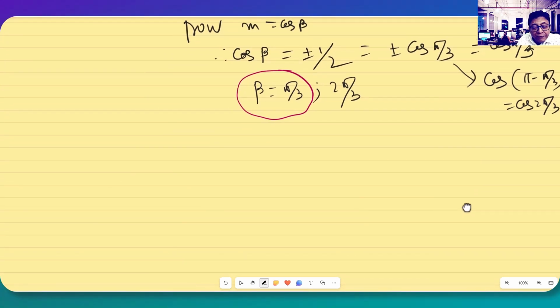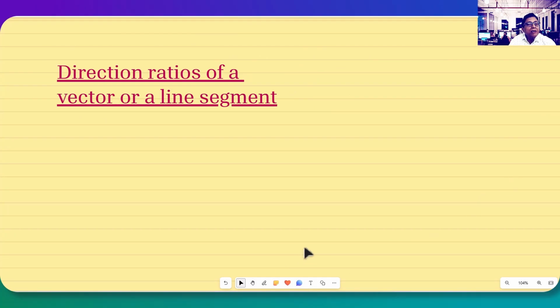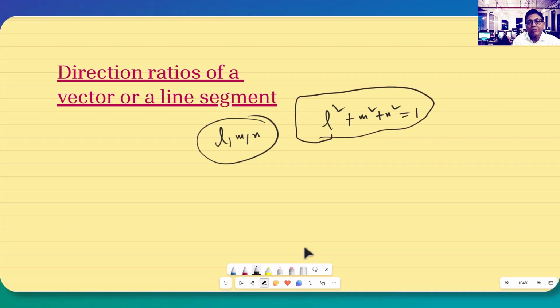Now we are going to define the direction ratios of a vector or a line segment. First, we have direction cosines, the way we have learned, taken as L, M, N. You know the relationship existing between them is L square plus M square plus N square equal to 1.